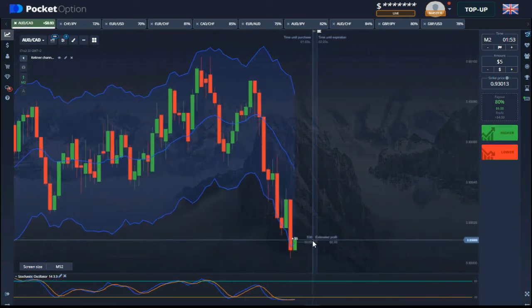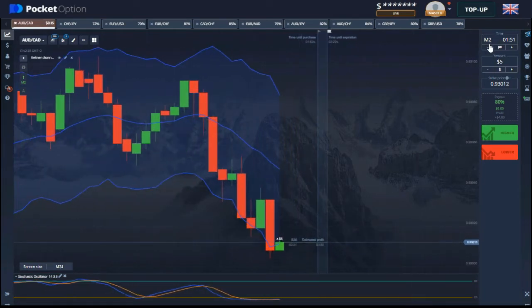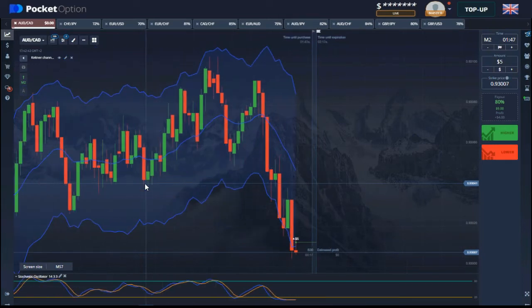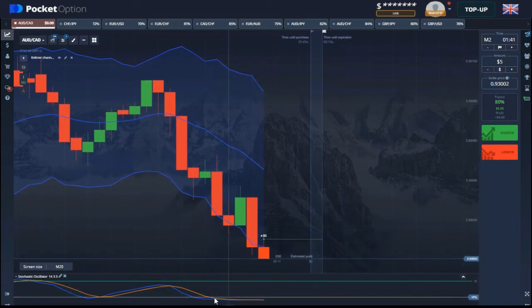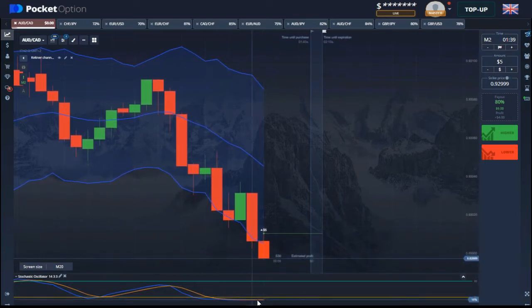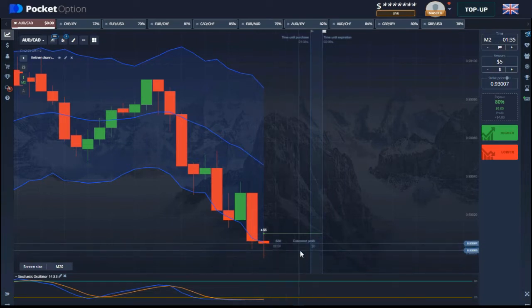I took the trade here upward for 2 minutes because the market touched the lower line of the Keltner channel and the stochastic is in the oversold condition, so there will be a reversal from here.